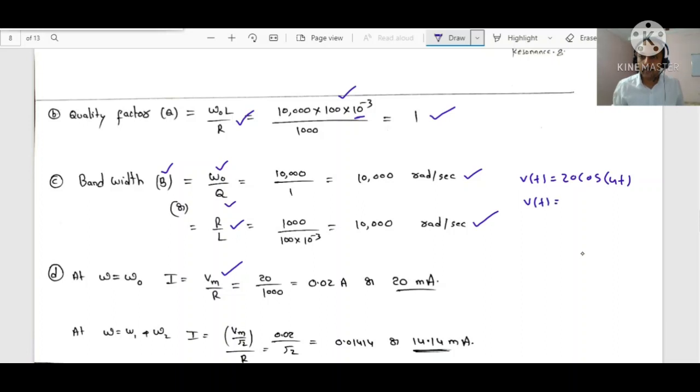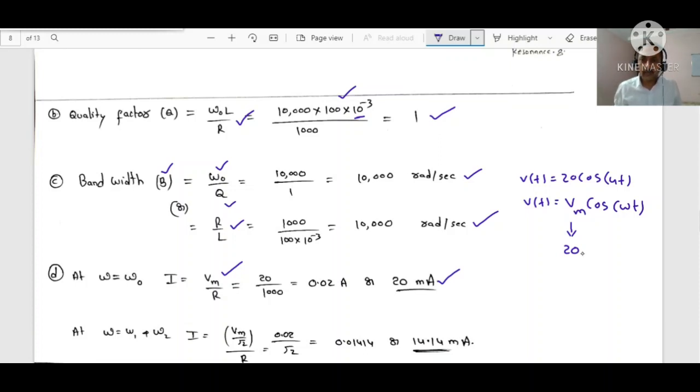This is in the form of V of t equal to Vm cos omega t. So Vm value is how much? Vm is 20. Vm divided by R, so you will get 20 milliamps.